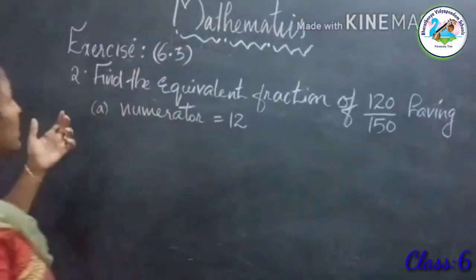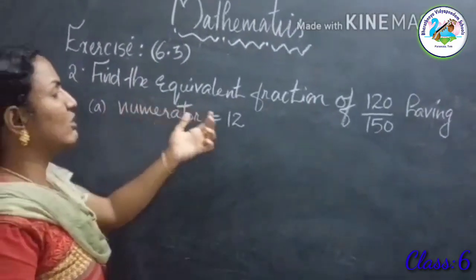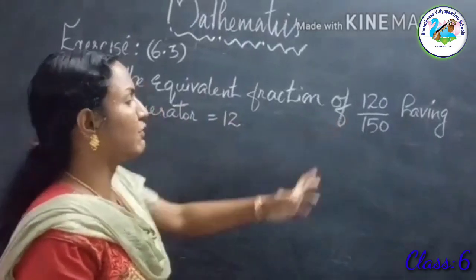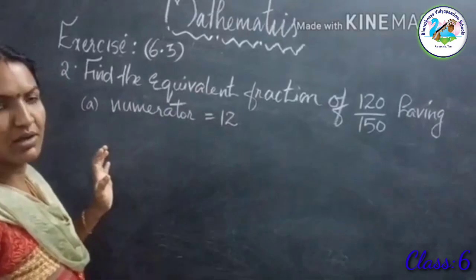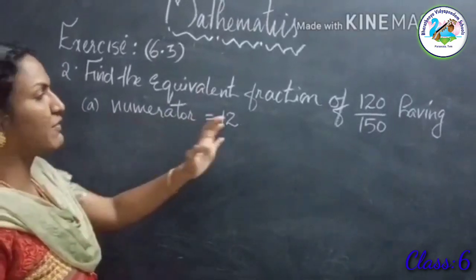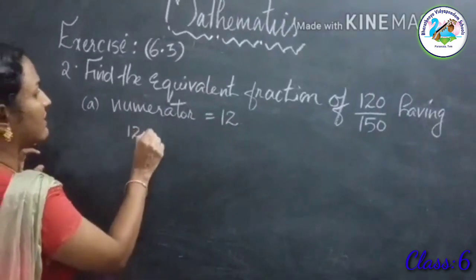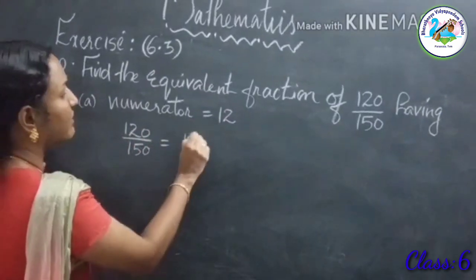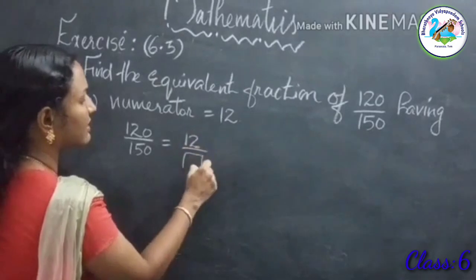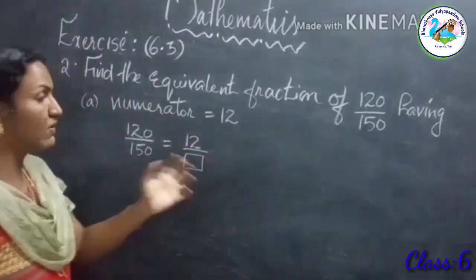Next, question number 2. Find the equivalent fraction of 120 by 150 having option A, numerator 12. So the required fraction is 120 by 150 equal to 12 by something.